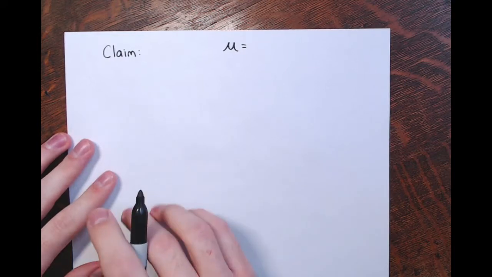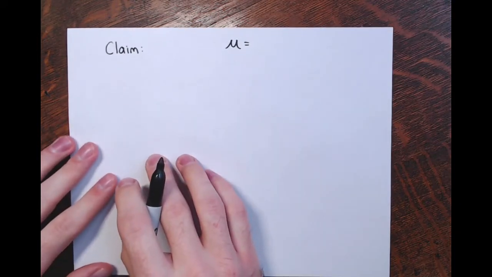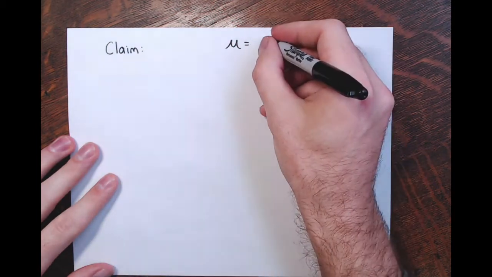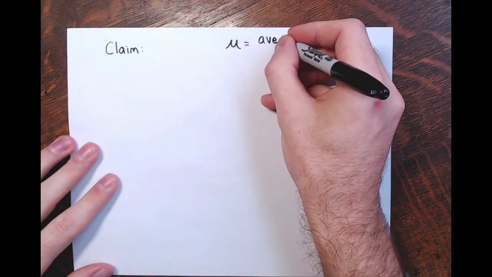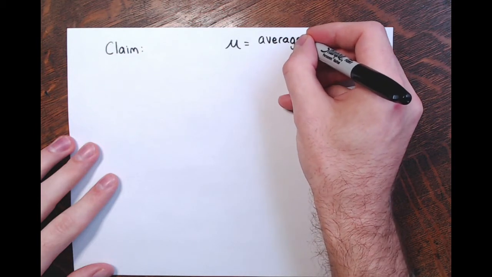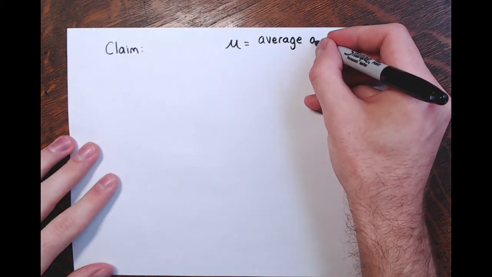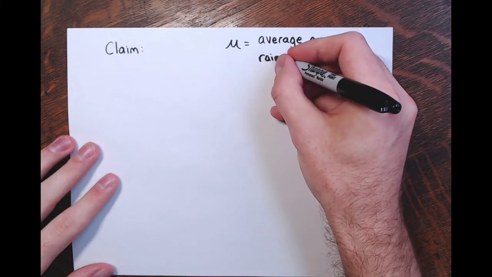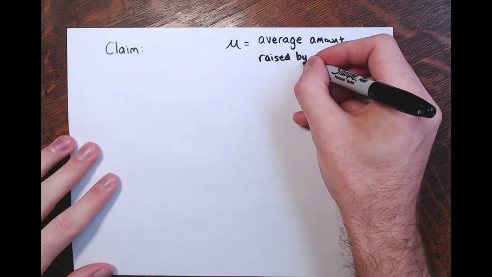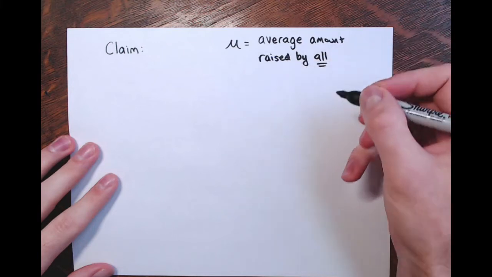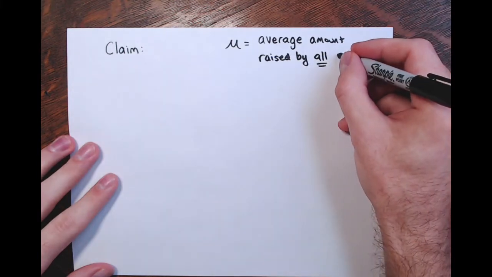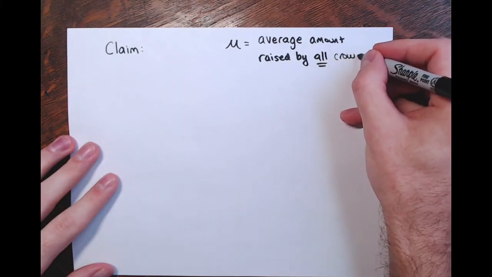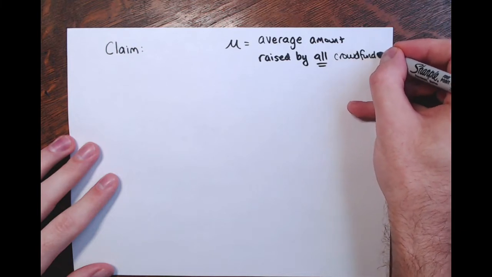Mu in this particular problem represents the average amount of money raised on a crowdfunding platform. So this is representing the average amount raised by all, the entire population of, crowdfunding platforms.